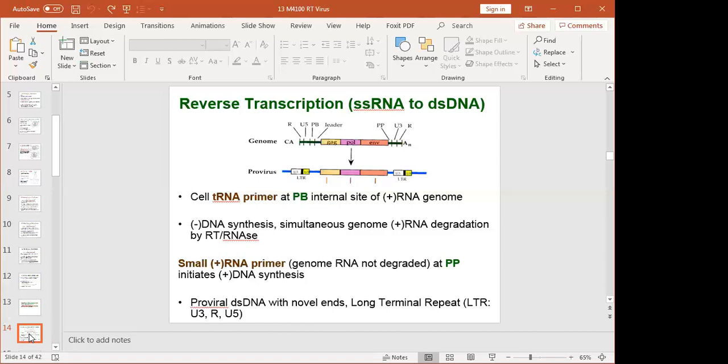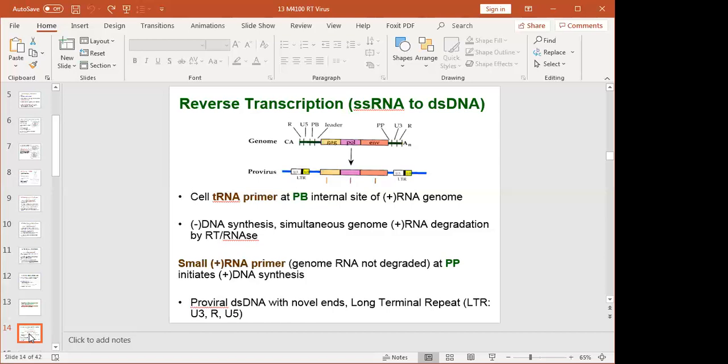So we had a negative DNA strand that was started at the 5' end by tRNA primer that binds to PB. At the 3' end, we have a small piece of positive RNA that binds to the PP region and makes the positive DNA strand. So this will continue. We have negative strand, positive strand. Therefore, the proviral double-stranded DNA is being made, and it has some novel ends.